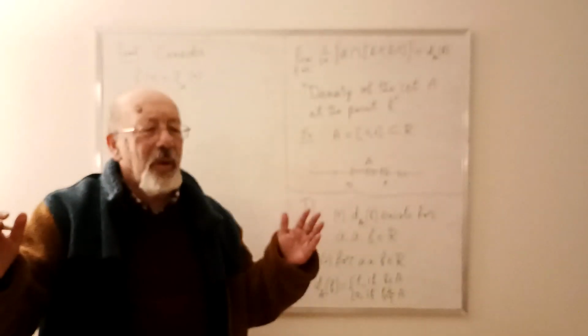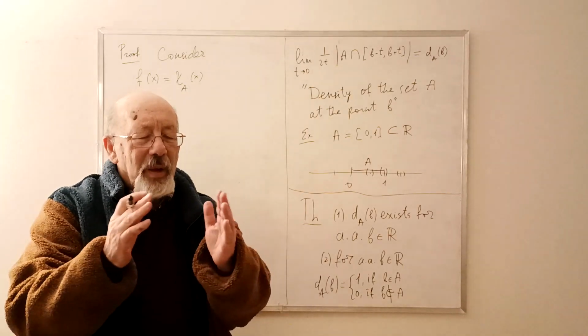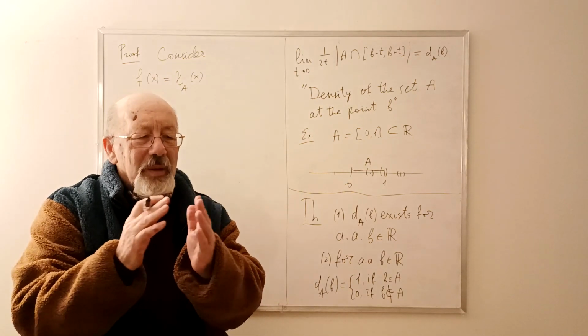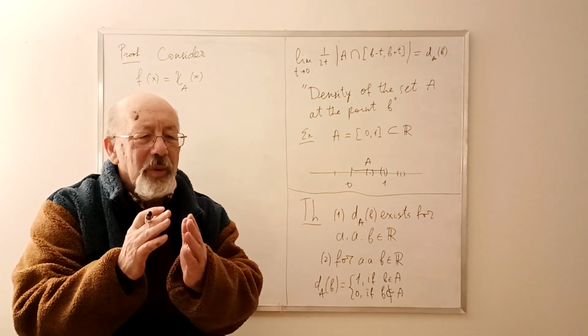In fact, it does not matter, because to find the density of the set at the point, we only take into account the points which are close to the point b.